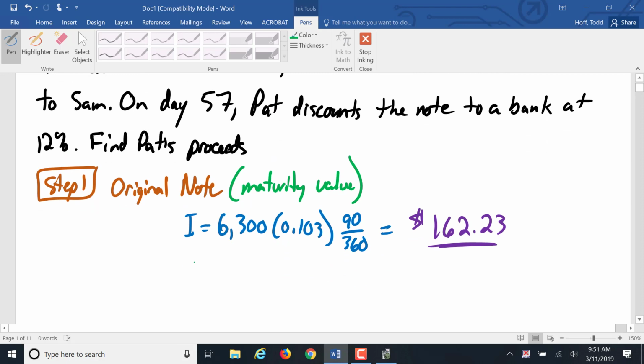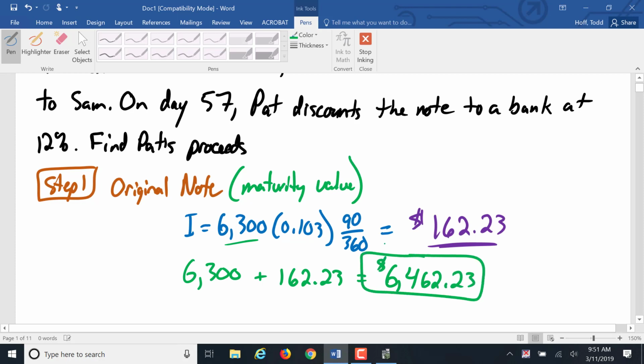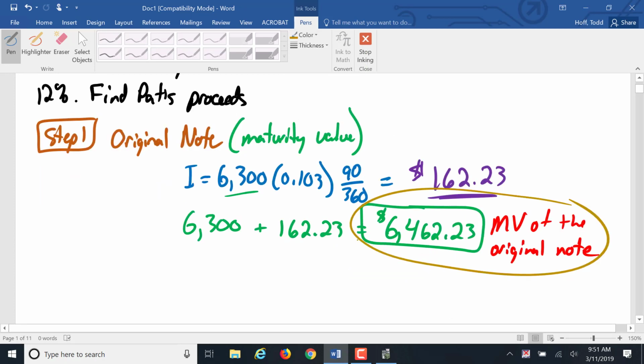So we have principal of $6,300 plus our interest of $162.23 is going to give $6,462.23. That is the maturity value of the original note. It becomes the face value of a simple discount note.